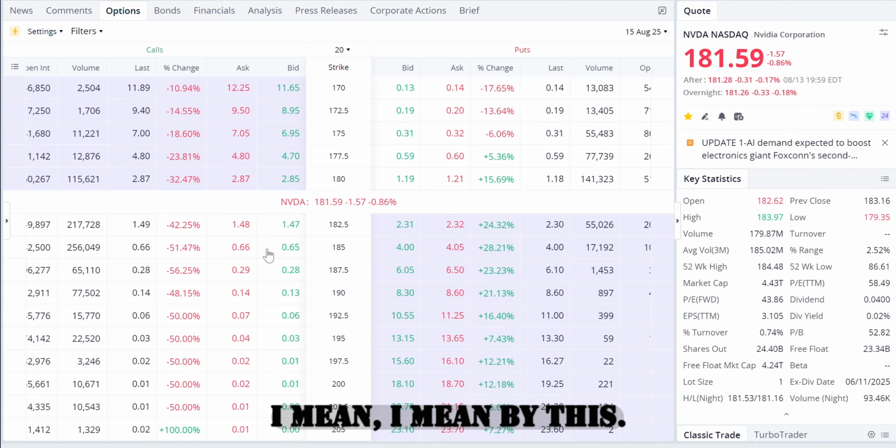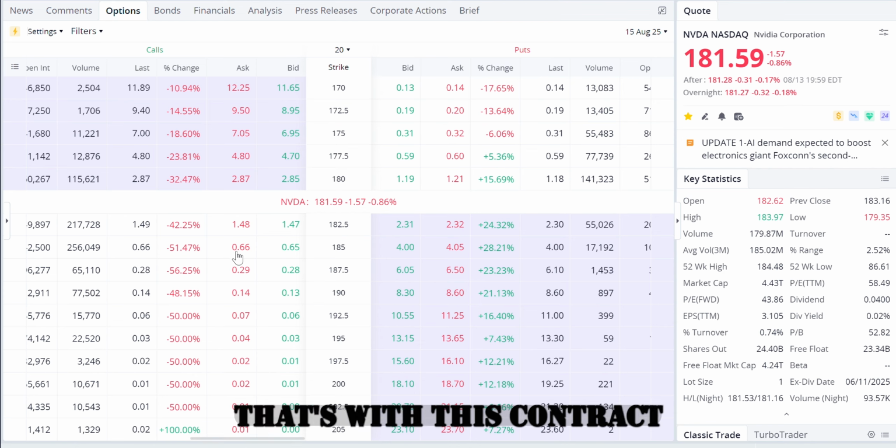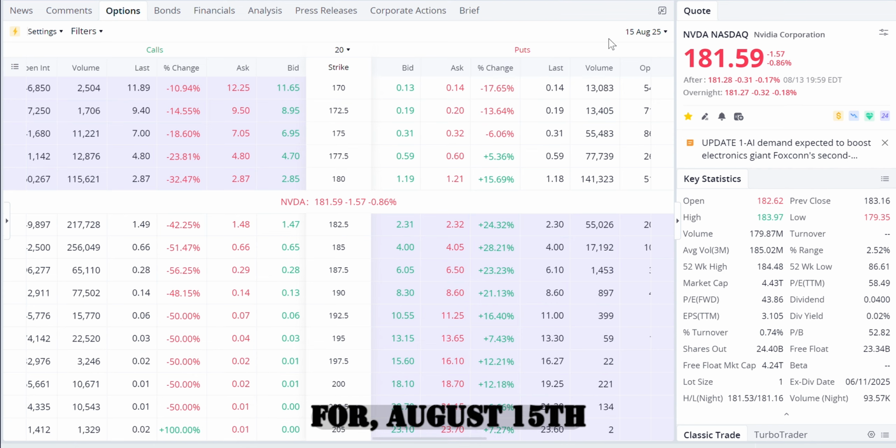What I mean by this, they're asking $66, okay? And if you buy this contract, it's a 185 call contract saying Nvidia will go up to $185. That's what this contract's saying. They want $66 for the August 15th expiration date. So 2 days for Nvidia to go up to 185.